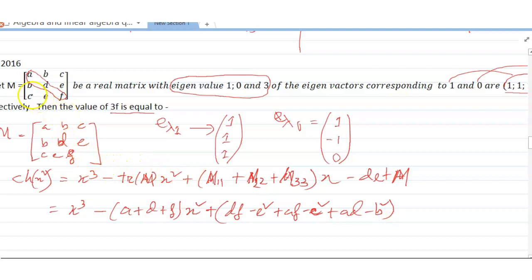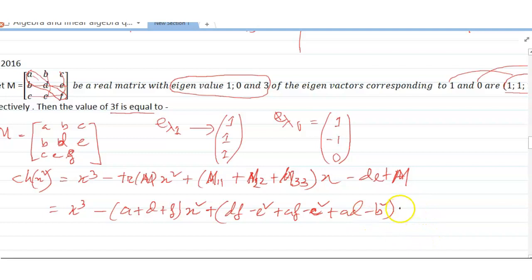How can I find this out? I just cross multiply, and you can get ad minus b squared, and af minus c squared.